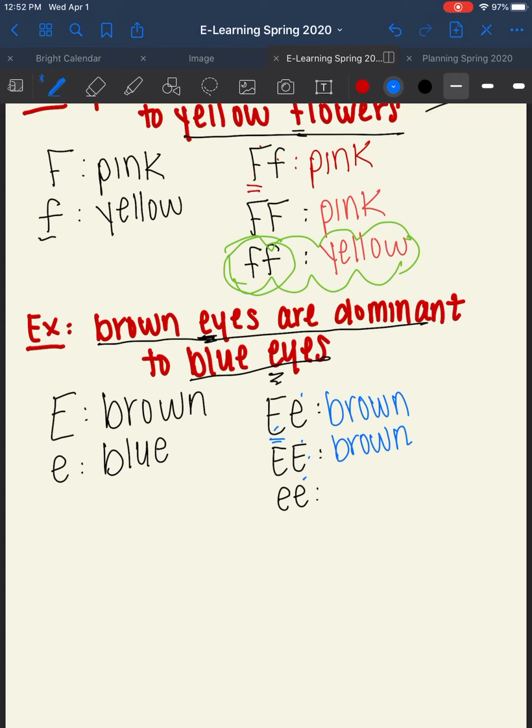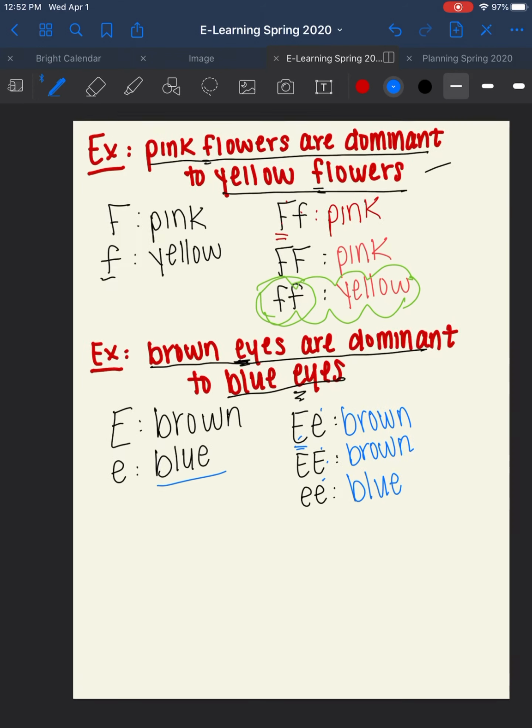And then in the last situation, your homozygous recessive genotype, excuse me, that is when you're going to have your recessive trait be expressed. My recessive trait is blue eyes, so my last individual is going to have blue eyes.